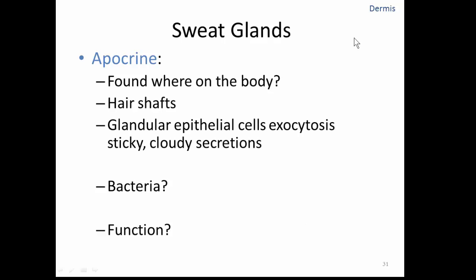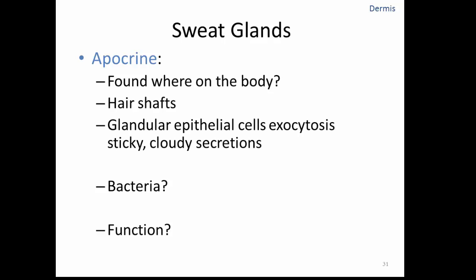Now, the apocrine sweat glands are very different. They are mostly concentrated in the axillary region and the groin region. They are associated with hair shafts. So like a sebaceous gland, they are usually attached to a hair. They produce a really sticky, cloudy secretion. And the function of the apocrine sweat is, I would like to say that it's unknown, but as of right now we say that there is no function.